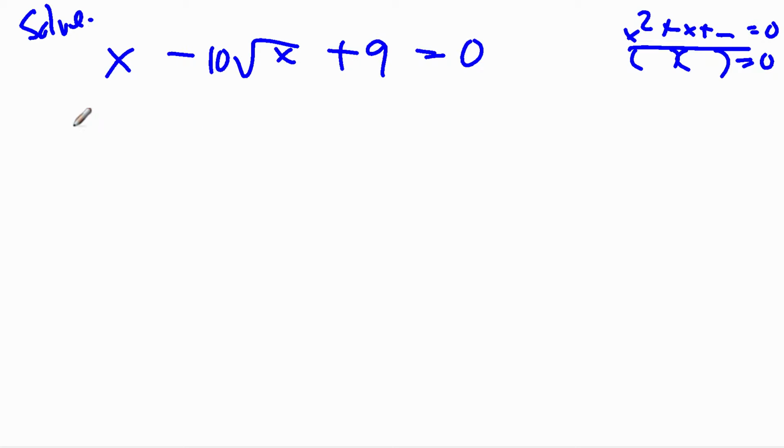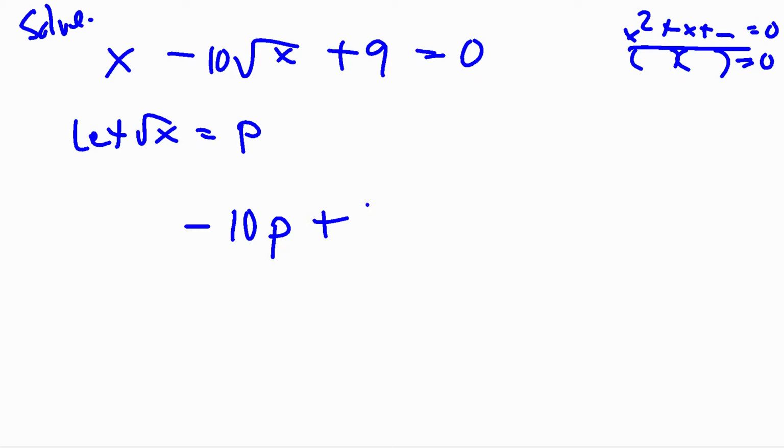So what we could do is say, wherever you see a root x, let's call it a different letter, like p. So instead of this root x here, I'm going to have a p, and I've got a 10 in front of that, plus 9 equals 0. Now if root x is p, this thing is just plain x. If you were to take root x and square it, you would just get plain x.